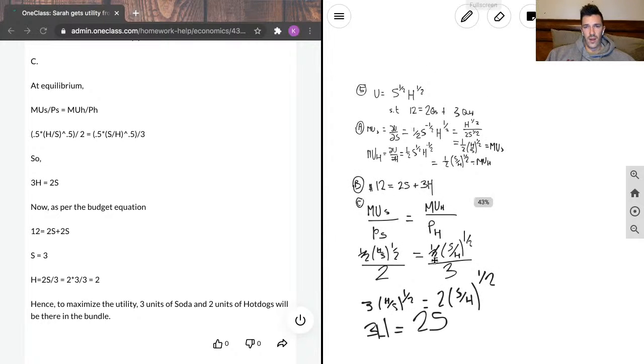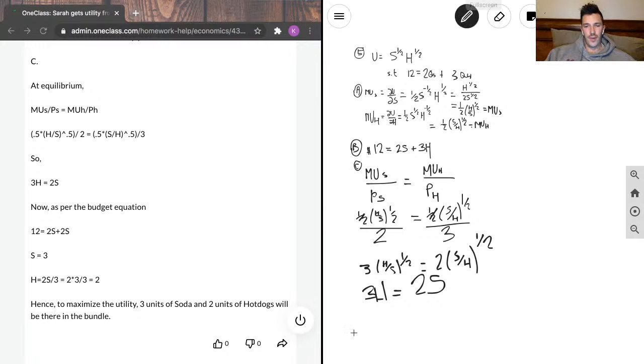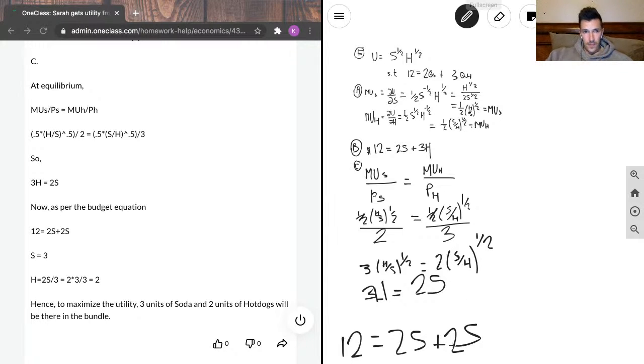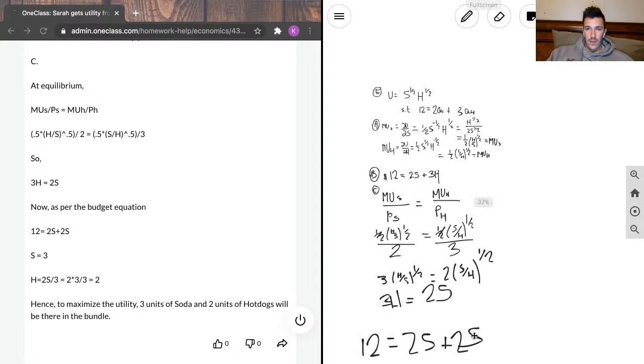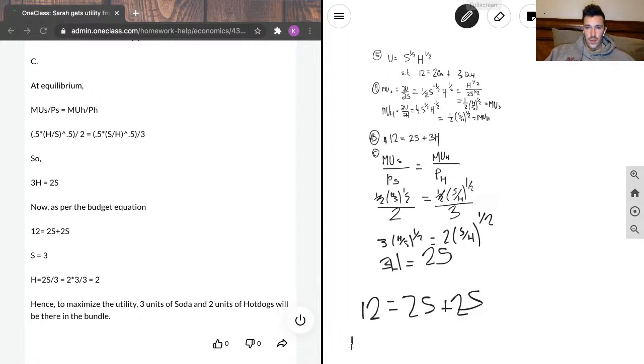If we now plug this back into our budget equation, we've got 12 equal to 2S plus 3H, and we know 3H is equal to 2S, so 2S plus 2S. 12 is then going to equal 4S, and S star, our optimum level of soda, is 12 over 4, which is 3.